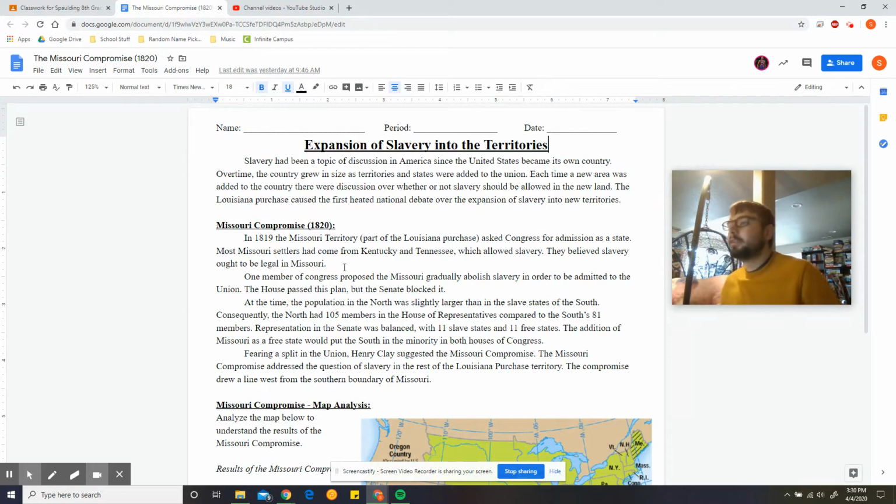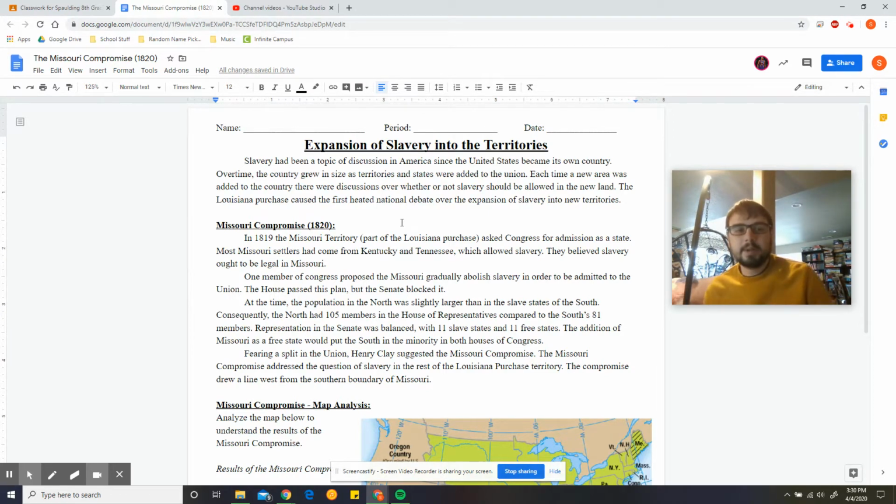Slavery had been a topic of discussion in America since the United States became its own country. Over time, the country grew in size as territories and states were added to the Union. Each time a new area was added into the country, there were discussions, that should say discussions, let me fix that right now. Each time a new area was added into the country, there were discussions over whether or not slavery should be allowed in the new land.